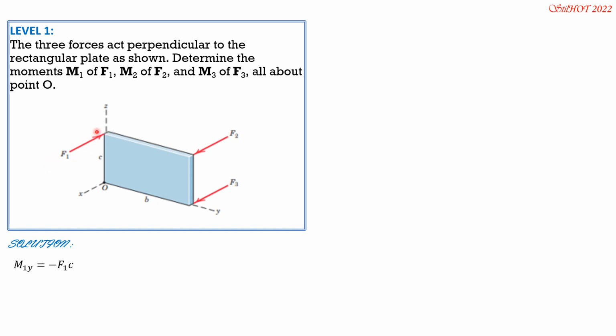Door force on the doorknob. Forces parallel to the axis will have no tendency to produce moment, and also if the force passes through that axis. So there's no moment about OZ also because F1 acts on the z-axis. So the only moment is M1Y.